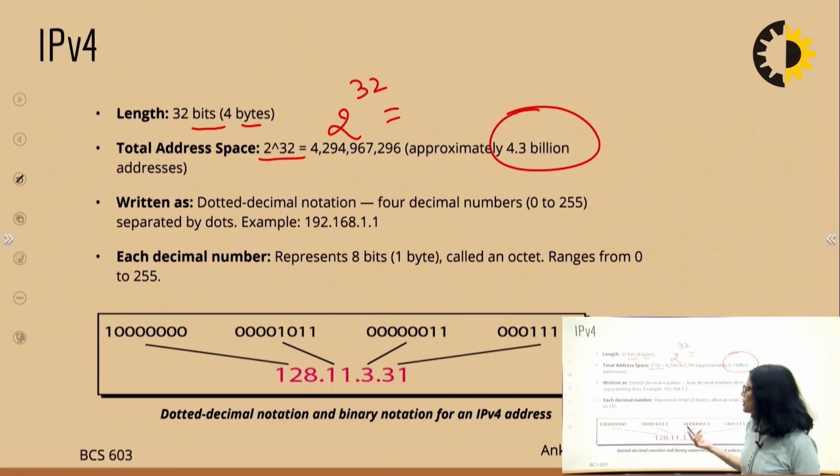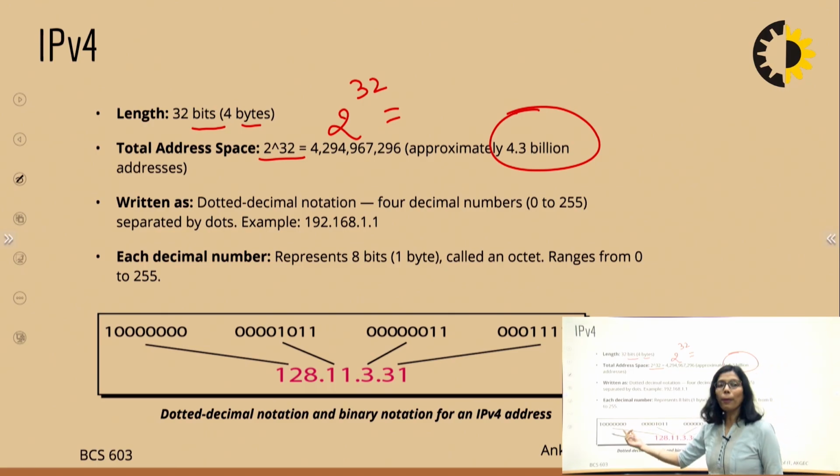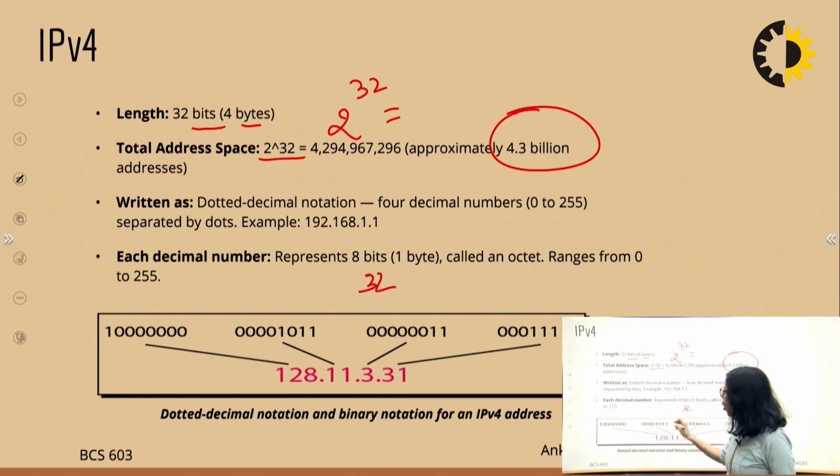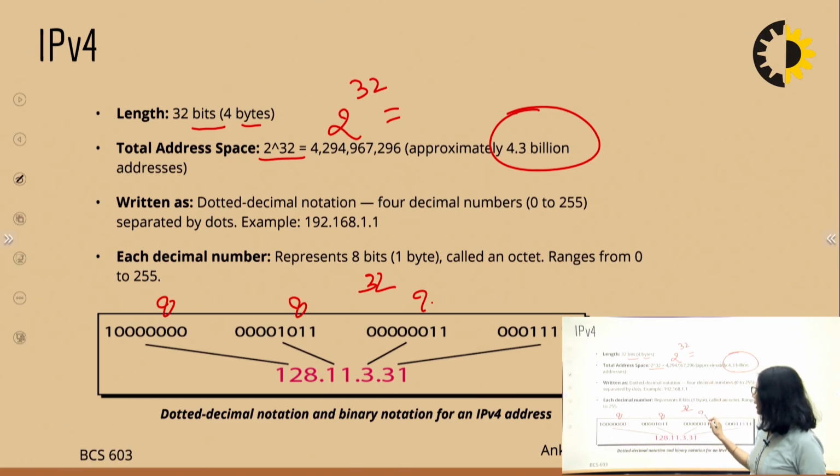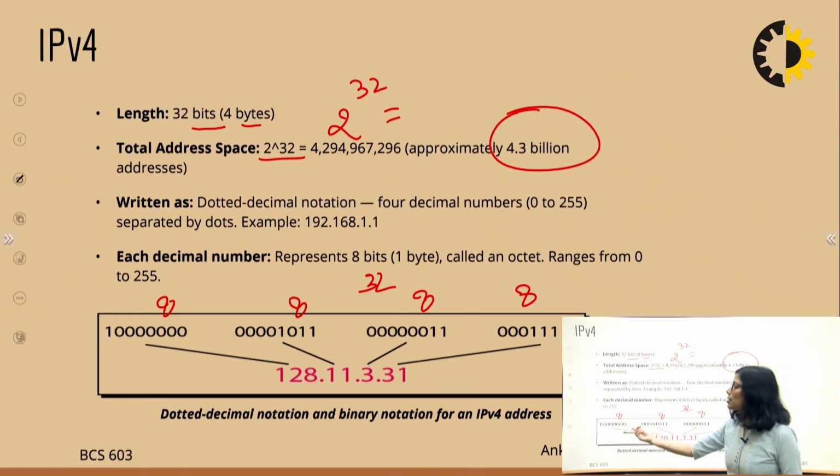When we represent it in binary format, we make it as octets. Its total is 32 bits, and each octet, as the name suggests, consists of 8 bits. So this is my 8-bit, this is my 8-bit, this is my 8-bit, and this is my 8-bit. This is how I am representing it in binary format.